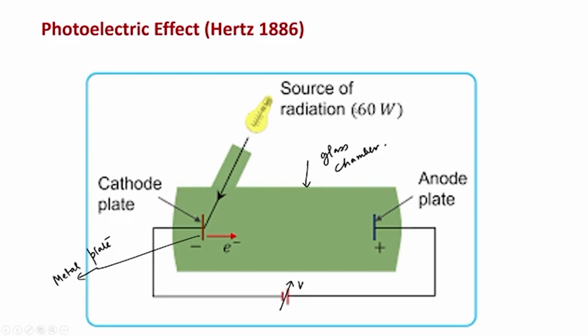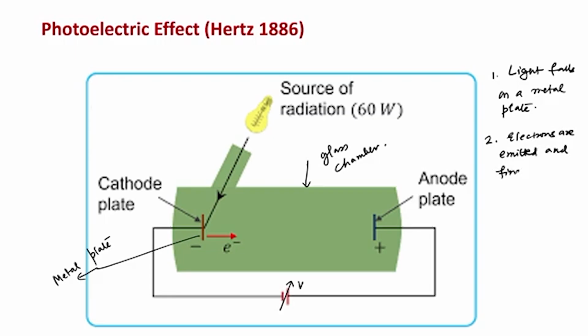So, what happens is that, number 1, light falls on a metal plate; number 2, electrons are emitted, and finally collected.